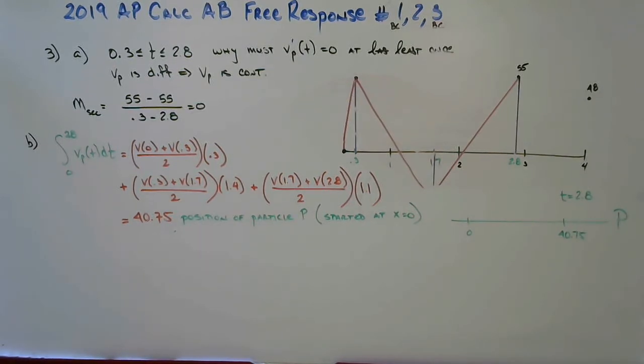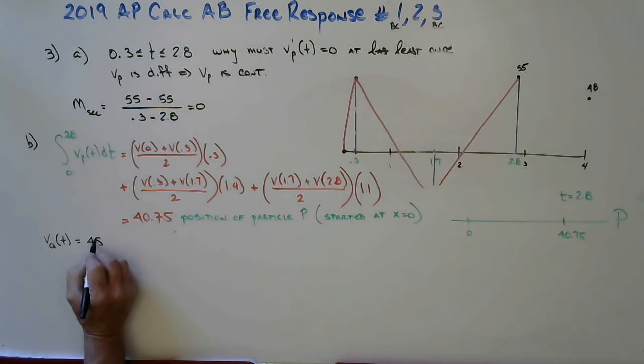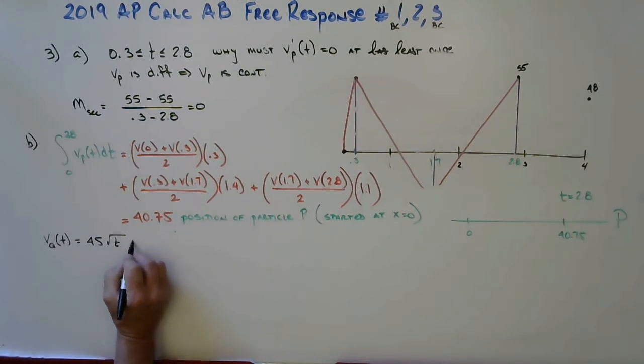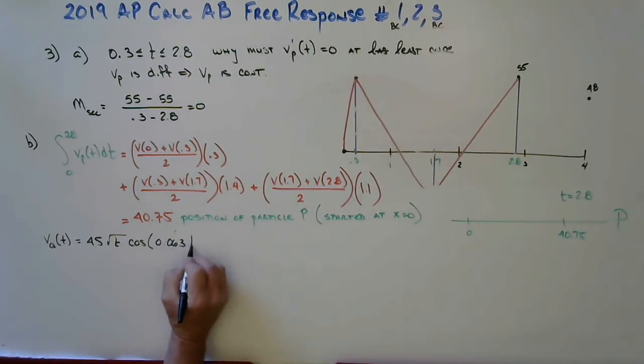Now, what about particle Q? Where is particle Q? Well, we're going to have to think about particle Q carefully. They gave us a formula for the velocity of particle Q. Let's go ahead and write that down. They told us the velocity of particle Q was 45 square root t cosine 0.063 t squared.